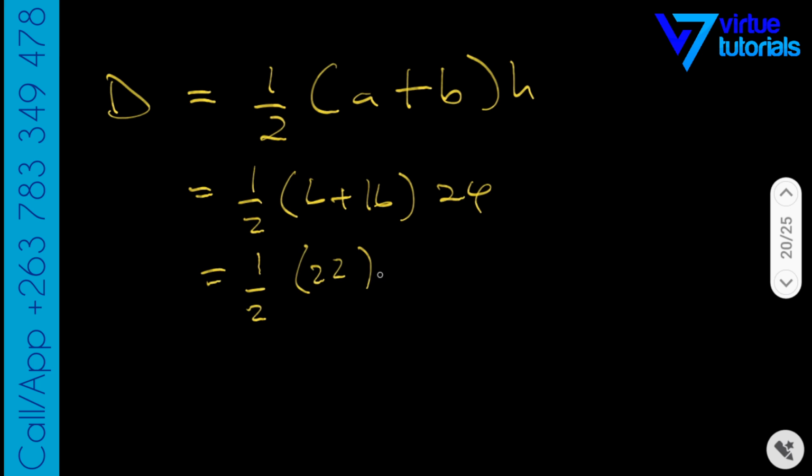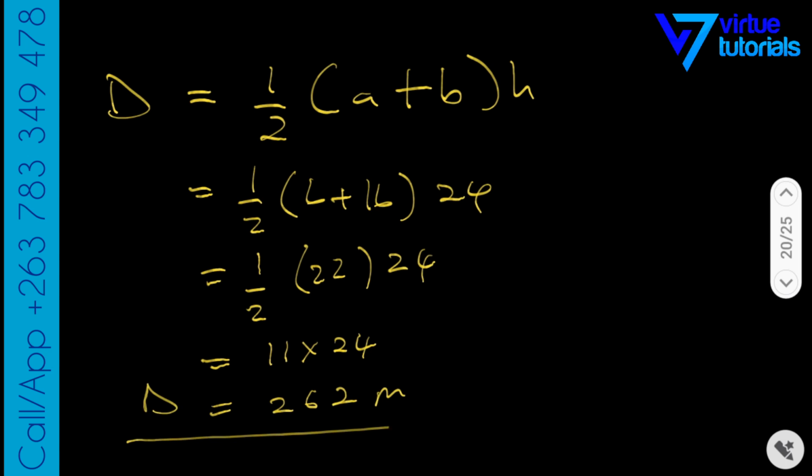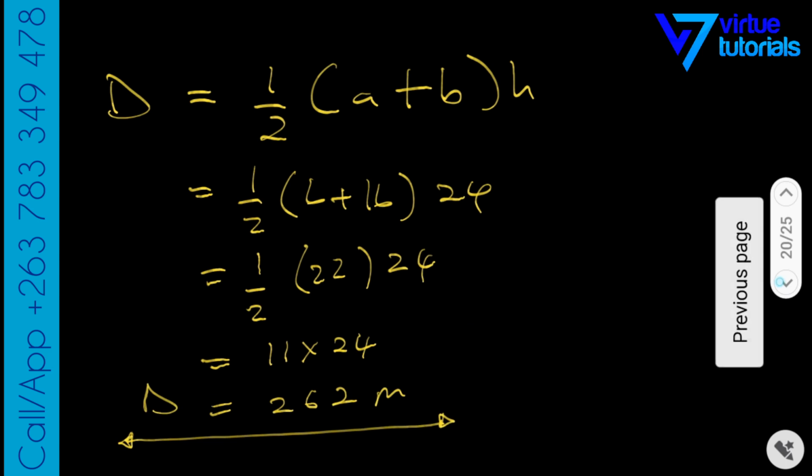Then you're going to have your 24. So half of 22 is going to be 11, times your 24, which is going to give you your 262 meters. So that is the distance traveled for the whole journey there.